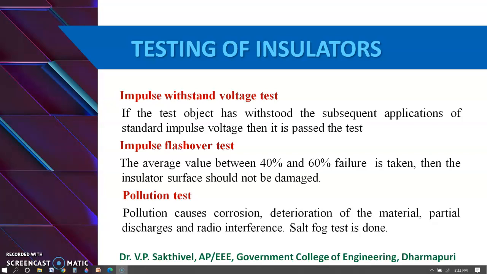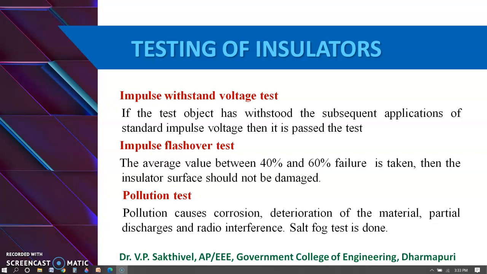This test is also done according to the specified condition. Usually the probability of failure is determined between the two ranges, either 40 percent and 60 percent failure value, or 20 percent and 80 percent failure value.